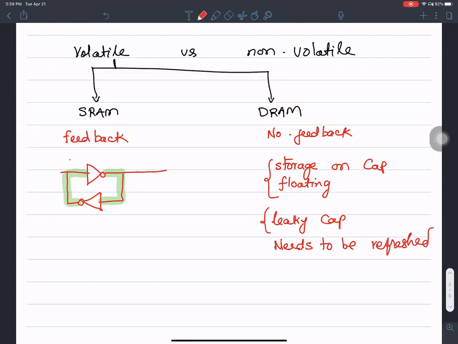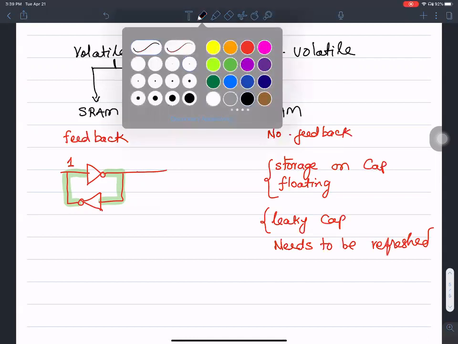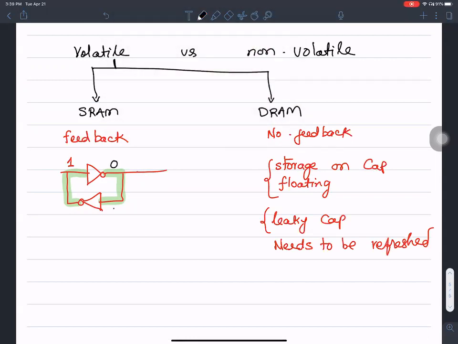So for example, if I write a 1 on this, that gets inverted to be a 0. And this 0 is again reinforced to be a 1 via this feedback loop. Whatever capacitance is holding data here, or we don't even need a capacitance, this forms the basic storage element.